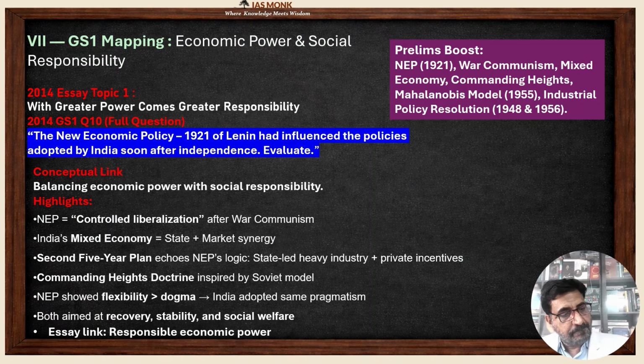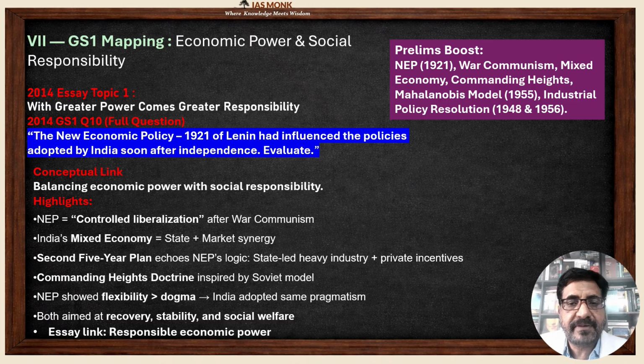Next question, question number 10 in this GS paper 1. The New Economic Policy of 1921 of Lenin had influenced the policies adopted by India soon after independence. We have to evaluate this. All the questions we have looked at so far are for 10 marks, and the word limit is 150.